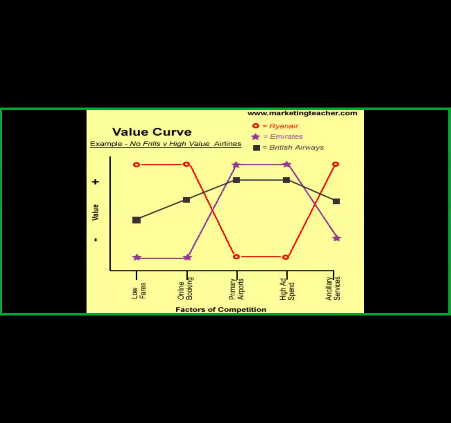Now, here in the graph, you can see that when it comes to low fares, the highest value is given to Ryanair. When we talk about low fares and online booking, that is how many people are booking a particular airline in advance.